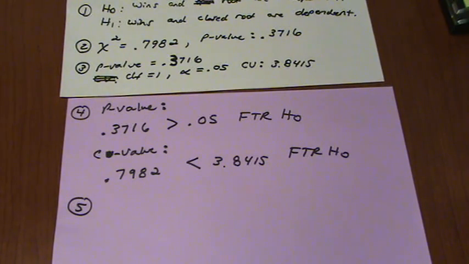Alright, step 5. State our conclusion. Since we're failing to reject the null, again we're saying the null could possibly be true.